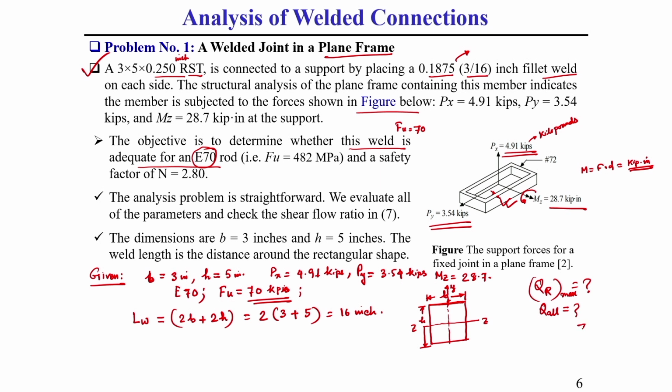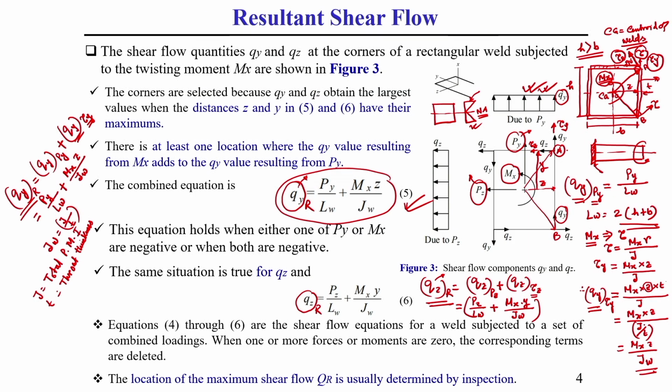We require Zw. What is Zw? I have already explained in detail, that is generally Izz divided by t into h by 2. With this you should keep in mind. This I have already discussed in detail.